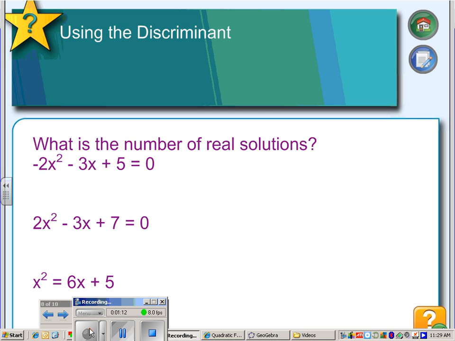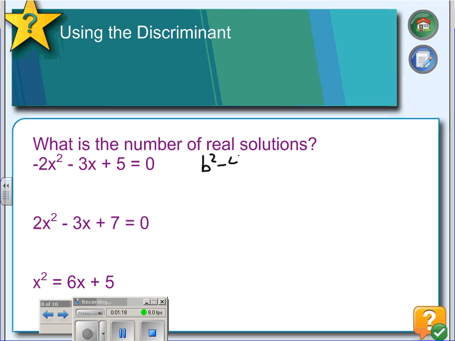Okay, so in our first example here, we're going to calculate the discriminant, which is just b squared minus 4ac. So a is negative 2, b is negative 3, c is 5. So b squared will be 9 minus 4 times negative 2 times 5.